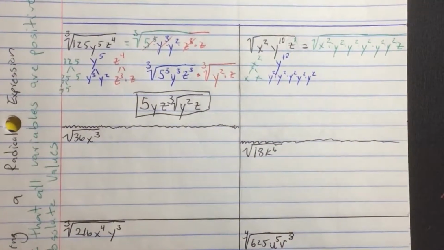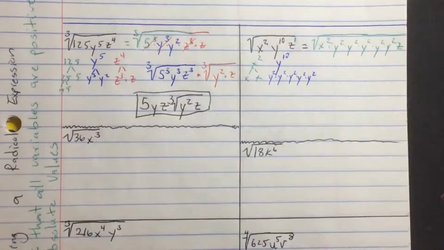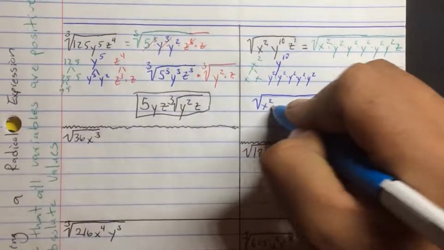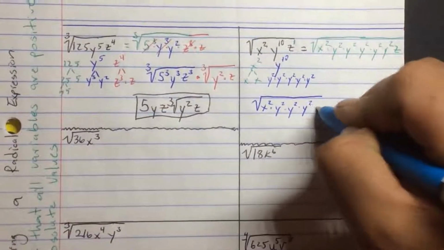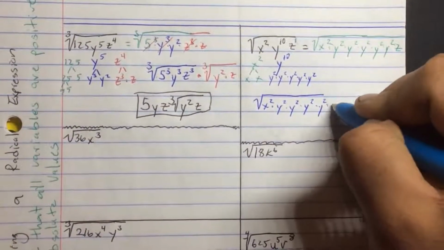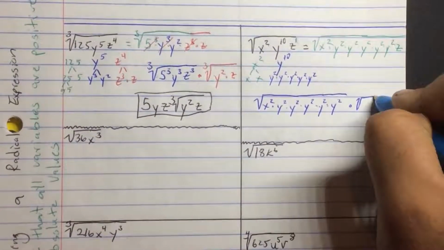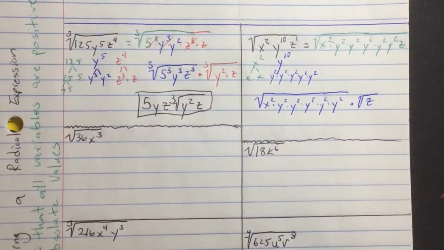And then once again, we're going to write out our ones that can be simplified and then our ones that cannot. So we're going to have the square root of x squared times y squared times y squared times y squared times y squared times y squared, times the square root of z. So these are all going to come out now.